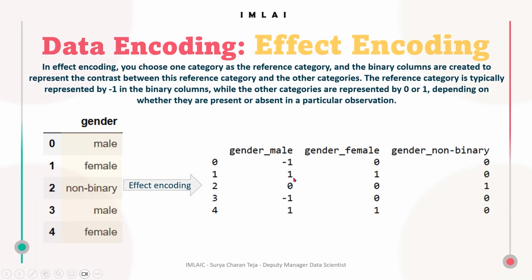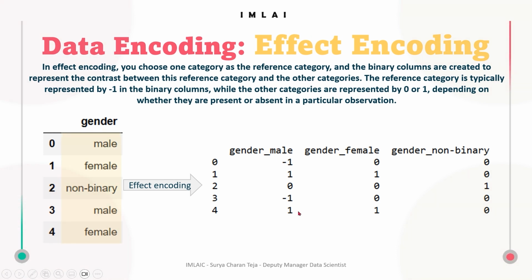And the reference category should be opposite, in contrast to the binary category. That's what has happened here. Then you have the non-binary, so female becomes 0 and non-binary has become 1. And here it's exactly opposite: gender male, the reference variable, is in contrast to the non-binary.